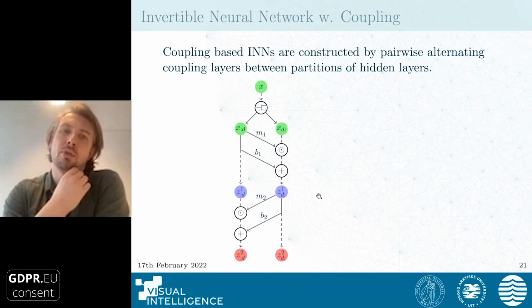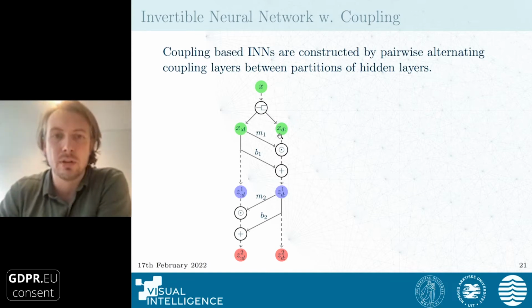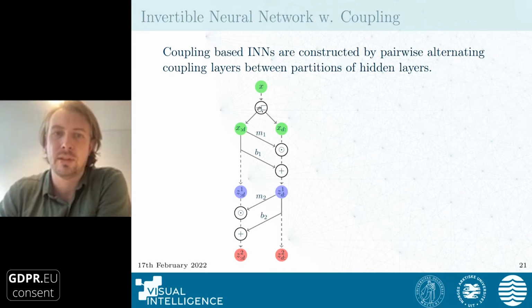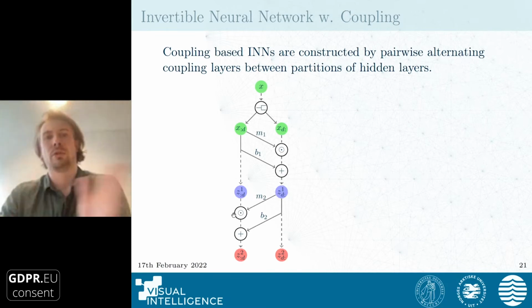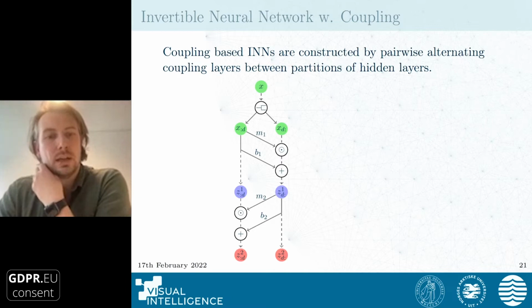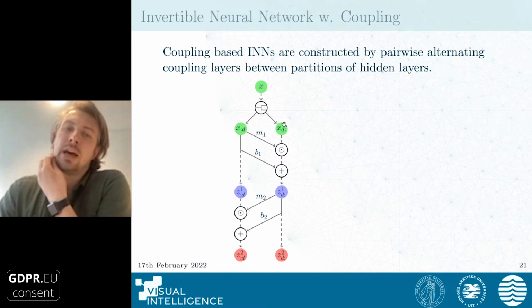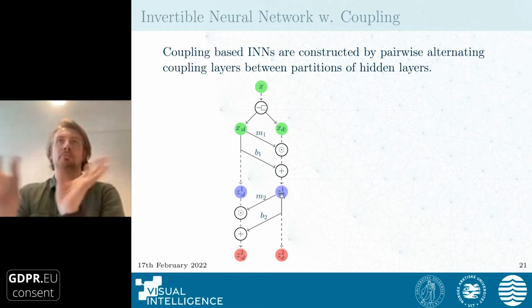So, invertible neural networks with coupling. I kind of talked about it, but here's a figure showing that we split the inputs, and then we let some part of the input affect the other part of the input, and then we do this back and forth ad nauseam. One thing that's important to note is that for each one of these double blocks, you can permute the inputs.